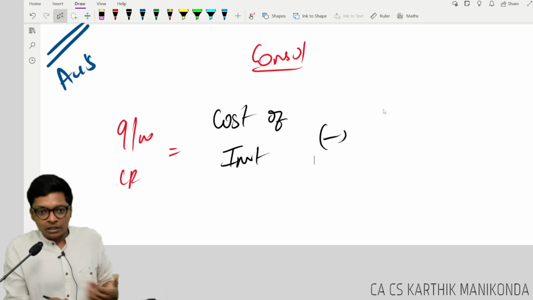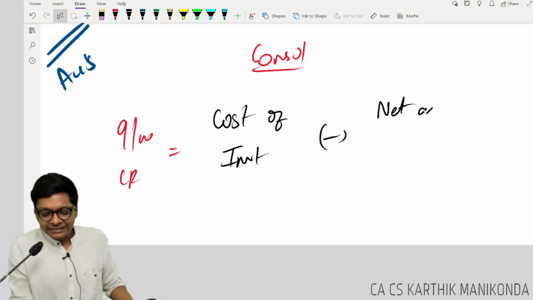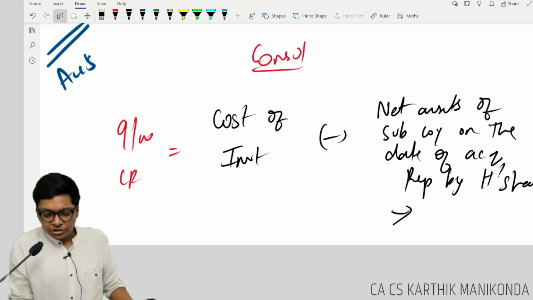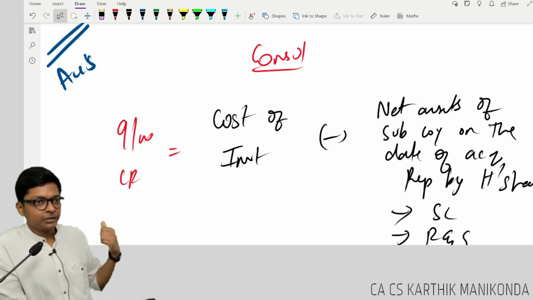For that I want net assets of subsidiary company on the date of acquisition represented by holding company's share capital and reserves and surplus. Do you remember this guys?